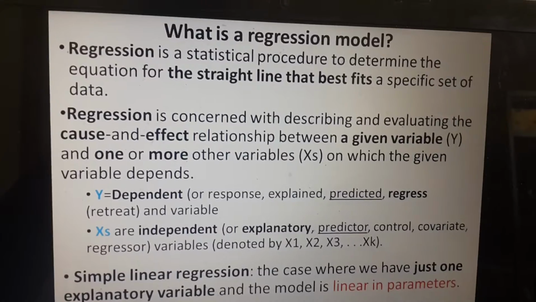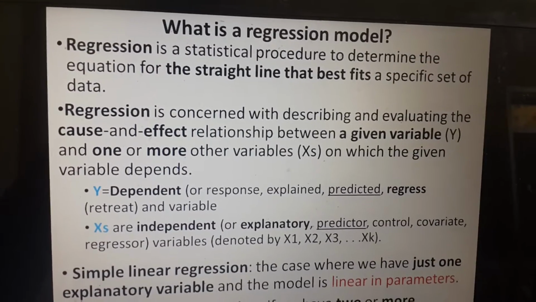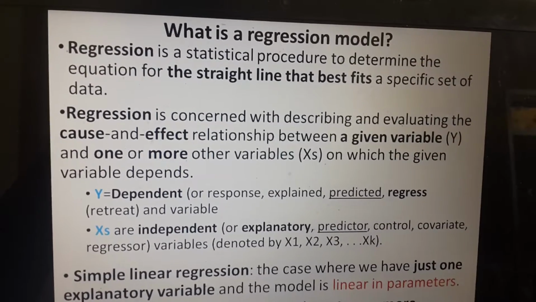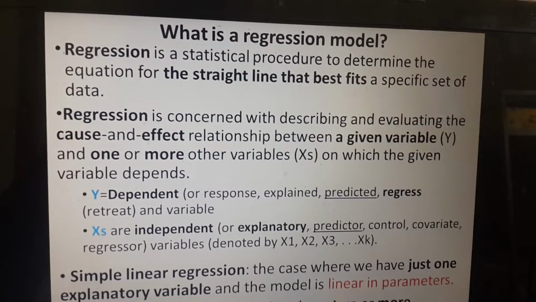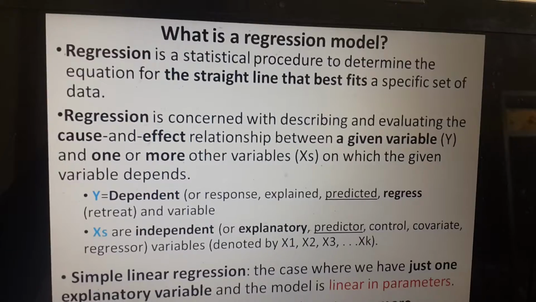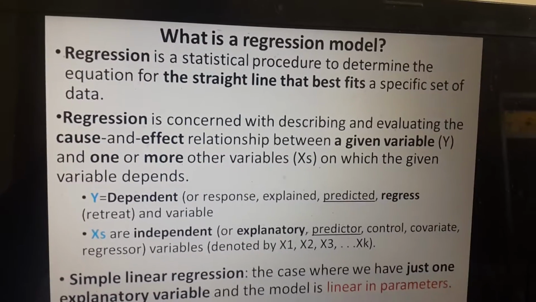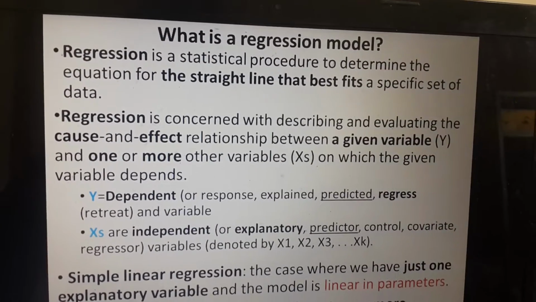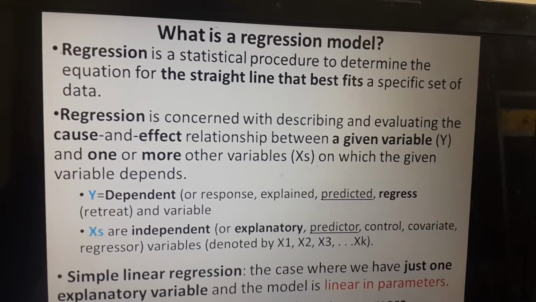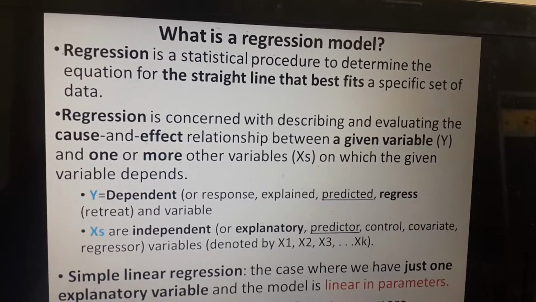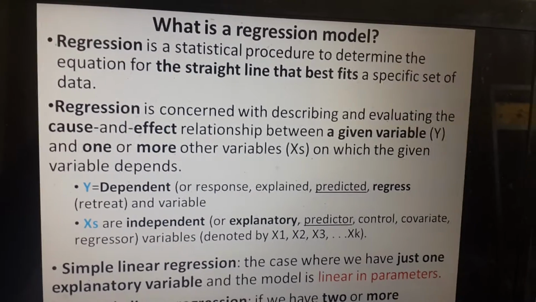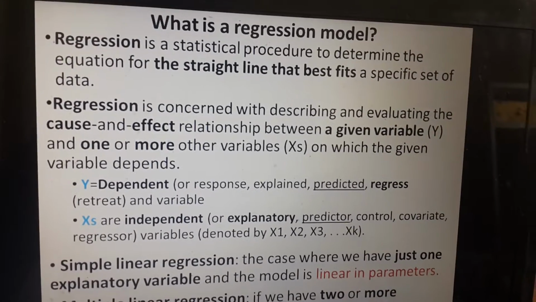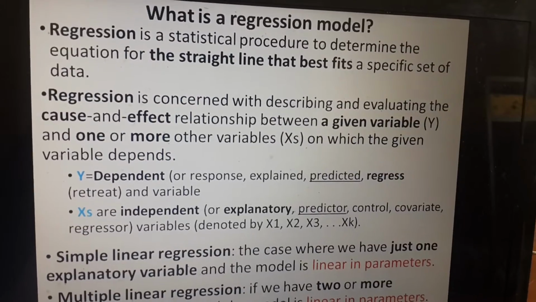The y is the dependent variable and the x is the independent variable. The dependent variable can also be named as response, explained, predicted, regressand, and such alike. The independent variable can also be named as explanatory, predictor, control, covariate, regressor, and such alike.